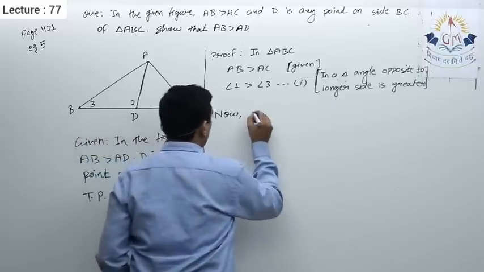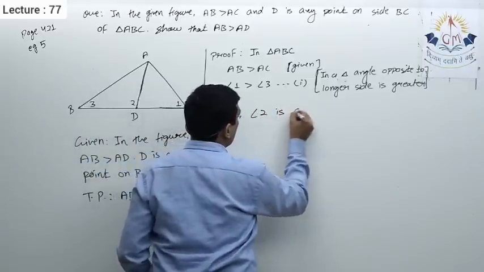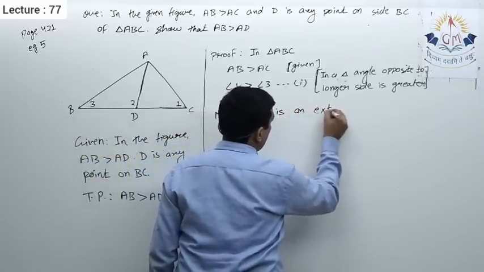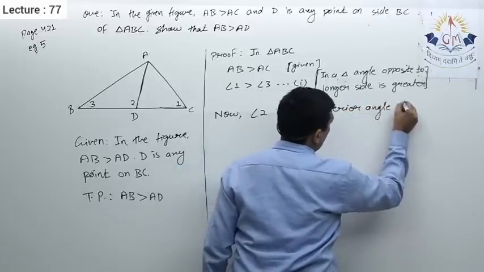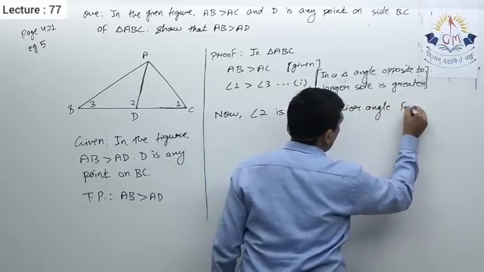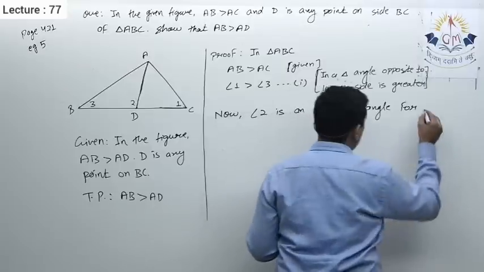So here I will write now: angle 2 is an exterior angle for triangle ADC.